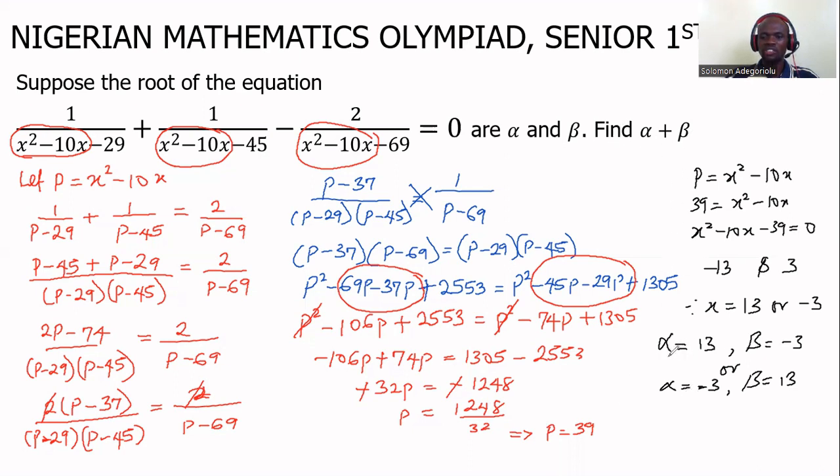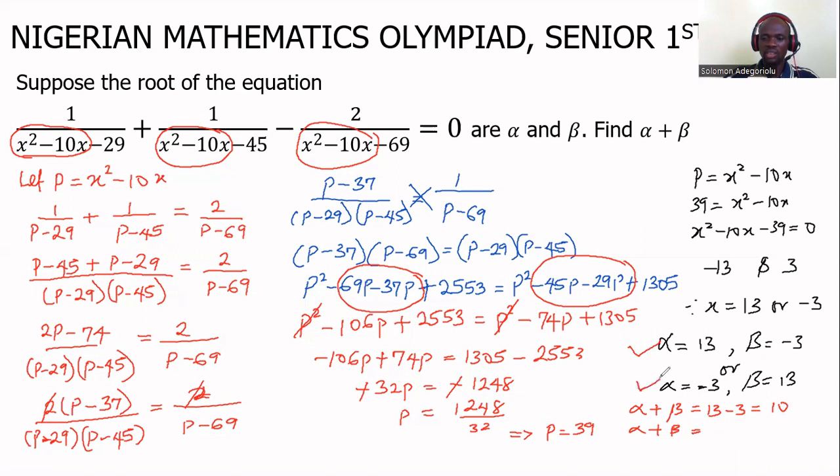If you pick the first one, when alpha is 13 and beta is minus 3, alpha plus beta is equal to 13 plus minus 3. Plus times minus gives minus. This is minus 3. And here is going to be 10.